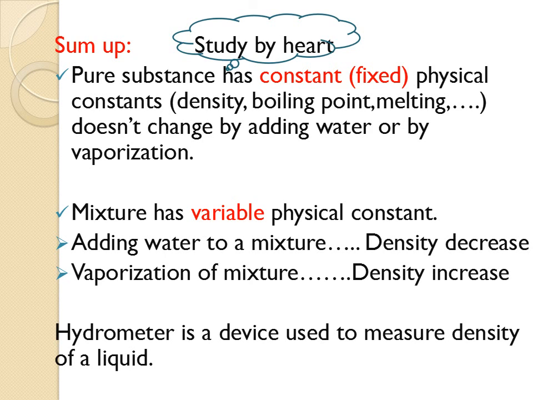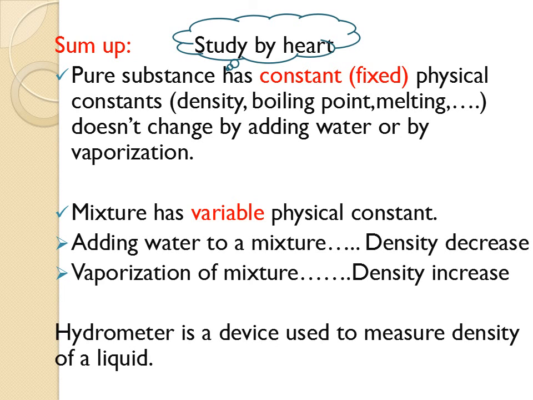In a mixture such as salty water, which is made up of more than one material, as we also took in the last video, the physical constants are variable. So the density or the boiling point or the melting point or any of its properties can change by changing its content.